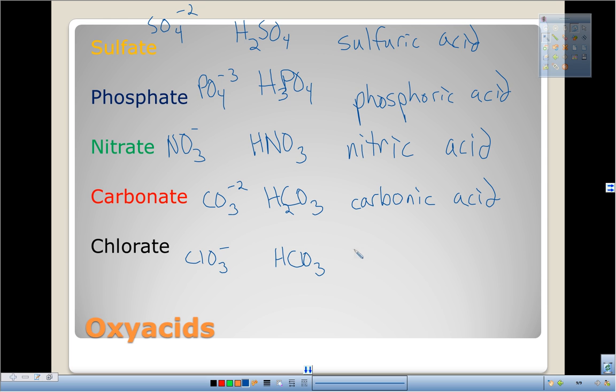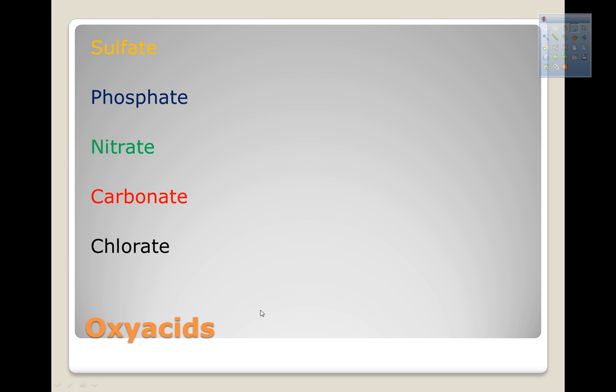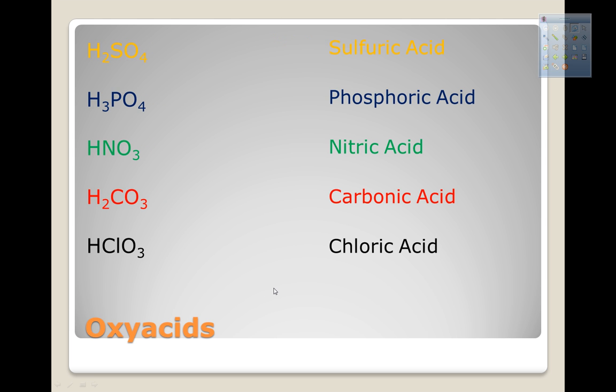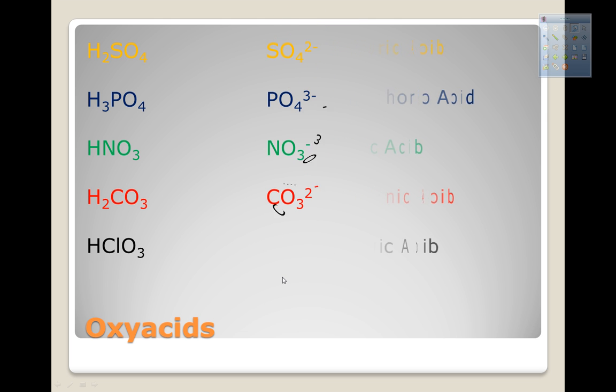Gus, chlorate. Yes, that one is chloric acid. Good job, guys. Again, if you didn't get the names, there they are. And those are your formulas, in case you didn't get them.